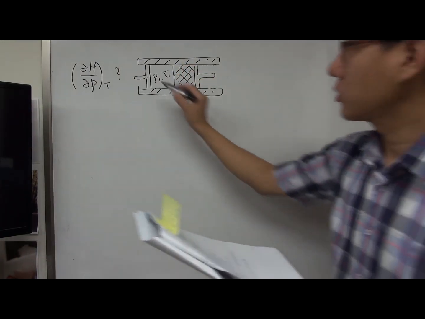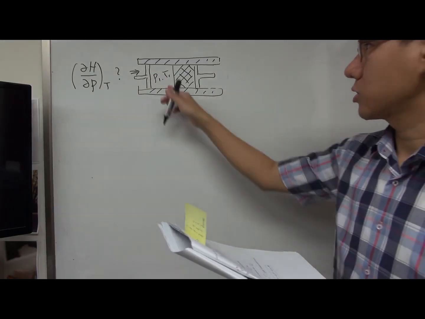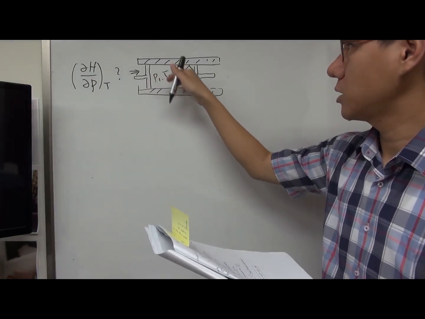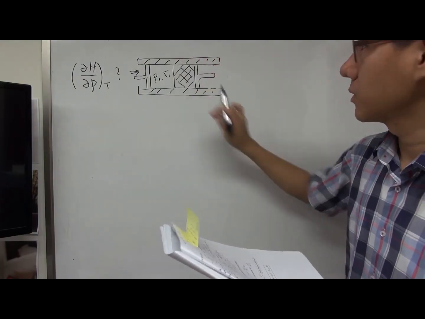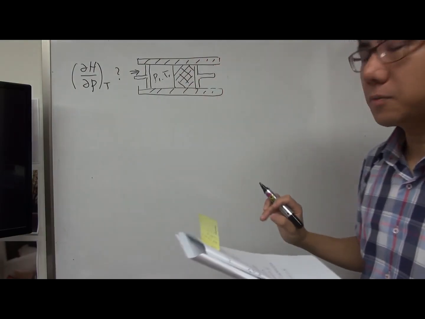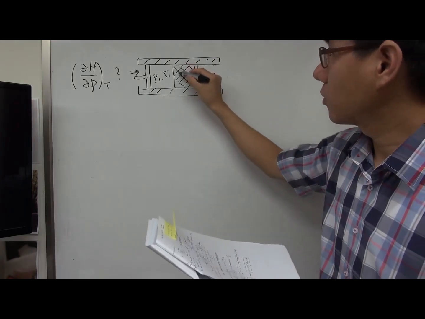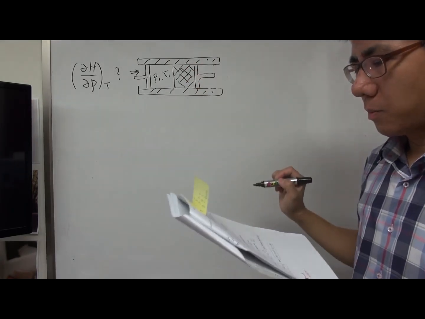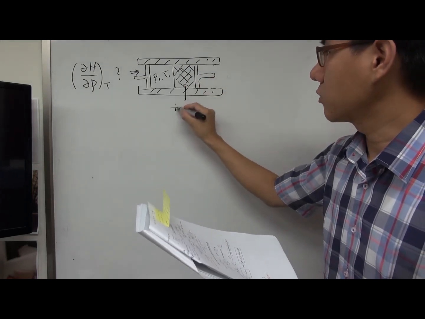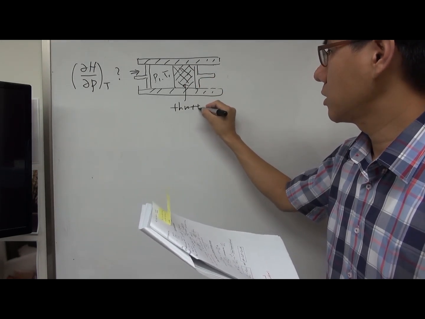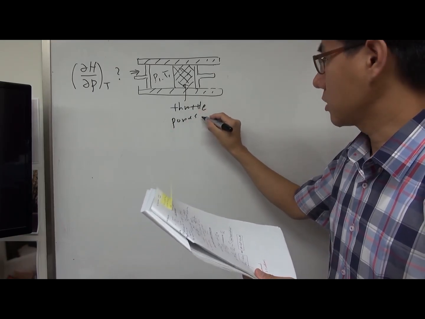They try to push gas molecules inside of the piston here. This is a piston here, and there's another piston here. Try to push the piston through the porous partition. We call this either a throttle or porous partition.